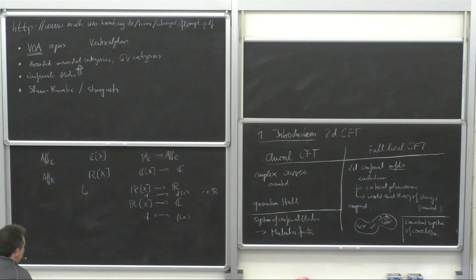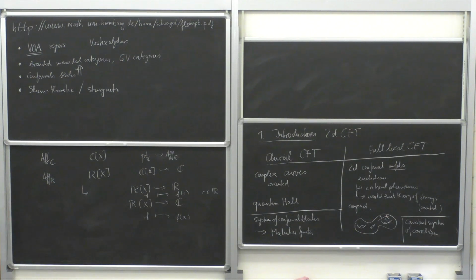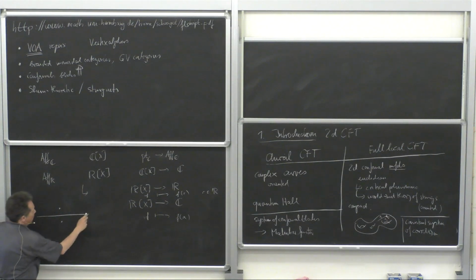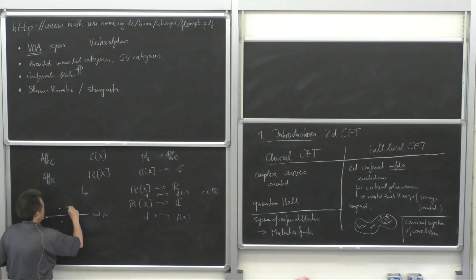Well, what does it mean? The points you have here are really secretly not only the real line, but it is the upper half plane and the lower half plane identified. So think about this geometry as something which has a boundary. These are the real points, and which has points in the interior.